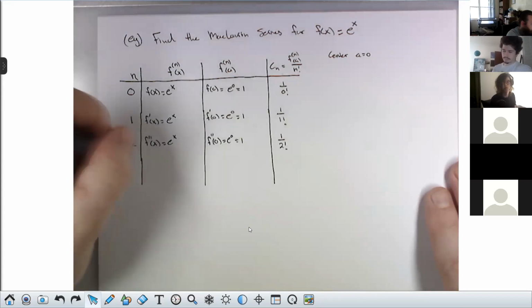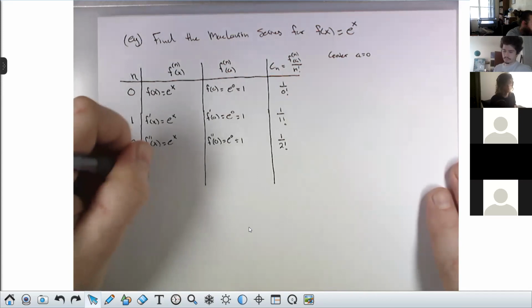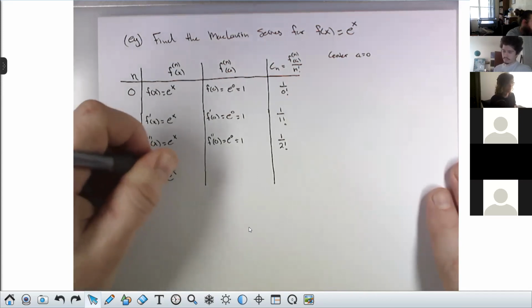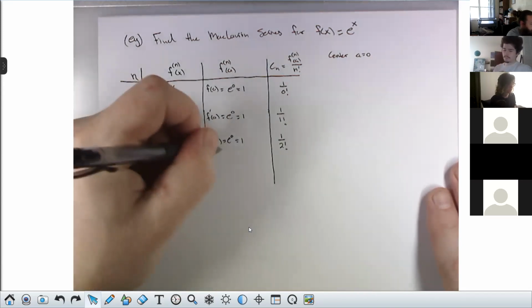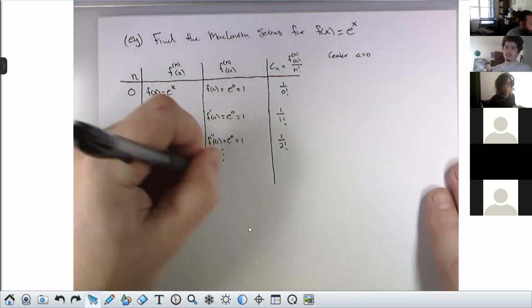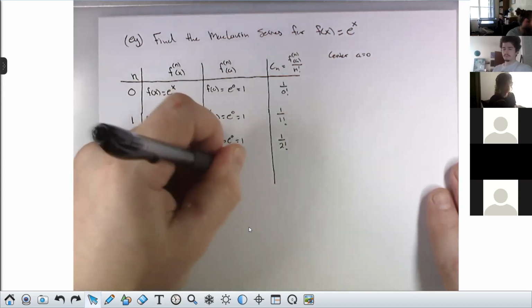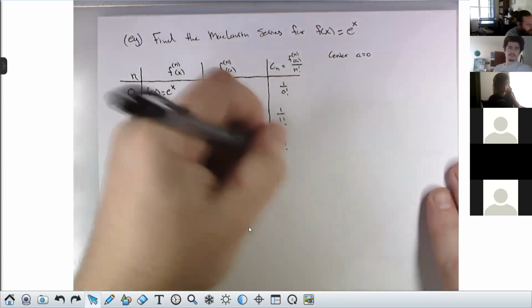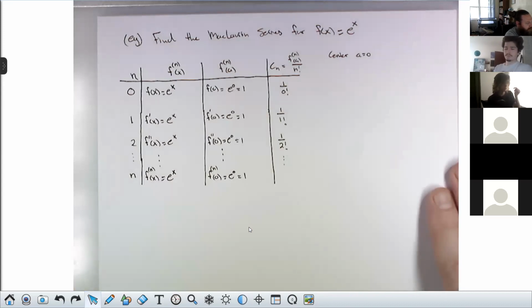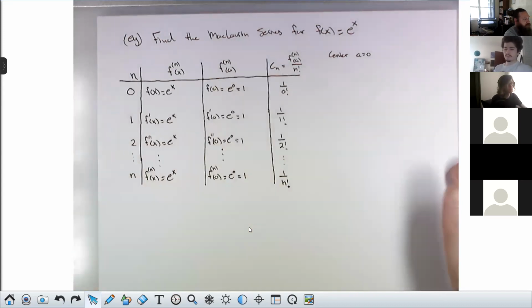I think you would agree that if I differentiate n times, the nth derivative of e to the x is still e to the x, which means that the nth derivative evaluated at 0 is still going to be e to the 0, which is still going to be 1, which means that the nth coefficient is still going to be 1 over n factorial.